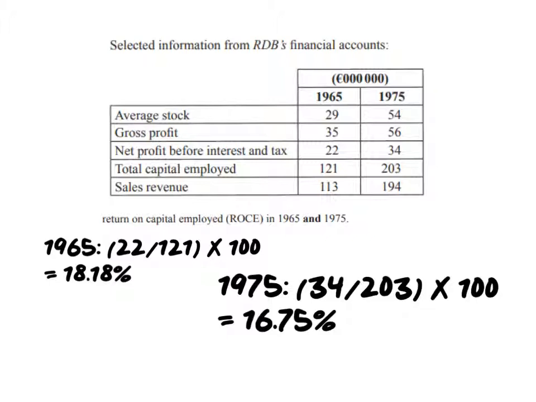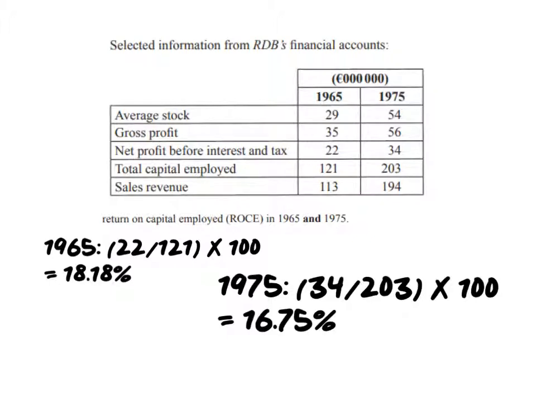Now, in order to compare these two, it's quite difficult because of how big the gap is of 10 years. I'd like to know what it was, for example, in 1970. I'd like to have more data to be able to make a worthwhile judgment. It has fallen though, and it's not as high as it was in 1965. So you could say that an investor would probably rather invest in 1965 than they would in 1975.